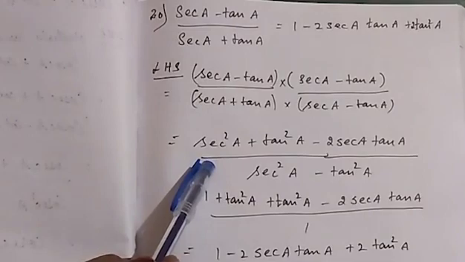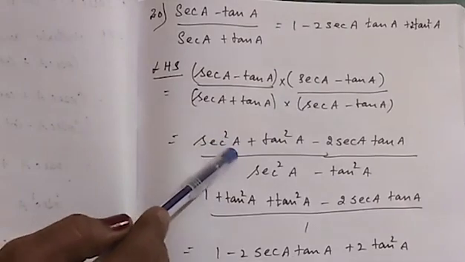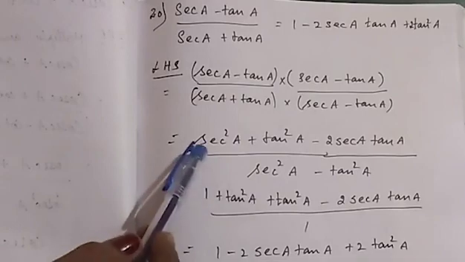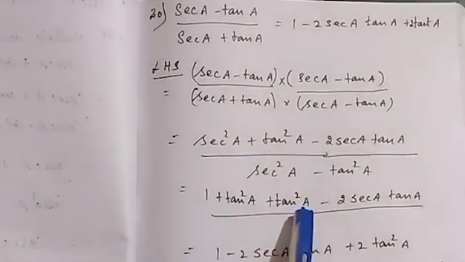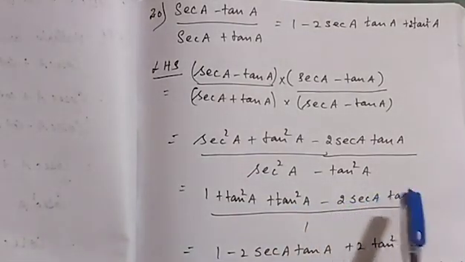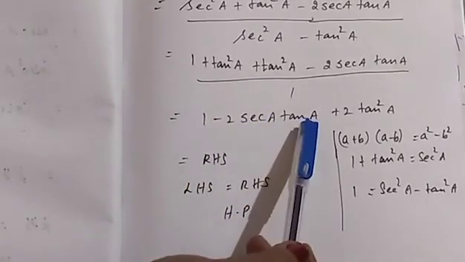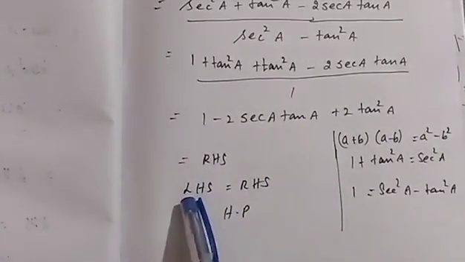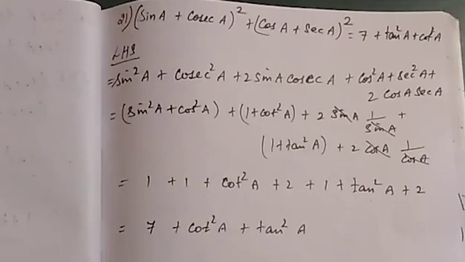I need one more tan squared A. So can I write secant squared A is equal to 1 plus tan squared A? So write secant squared A as 1 plus tan squared A, plus tan squared A minus 2 secant A tan A. So you will get 1 minus 2 secant A tan A plus 2 tan squared A. That is right hand side. Left hand side is equal to right hand side. Hence proved.